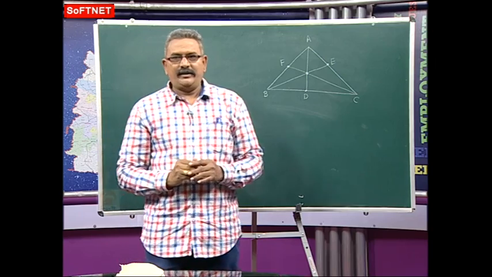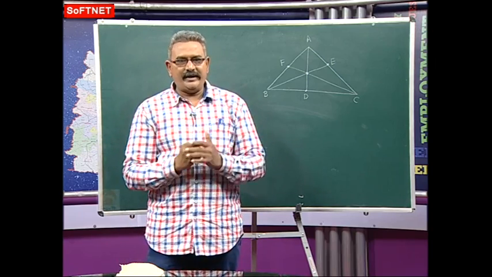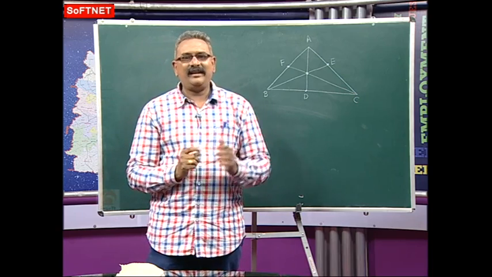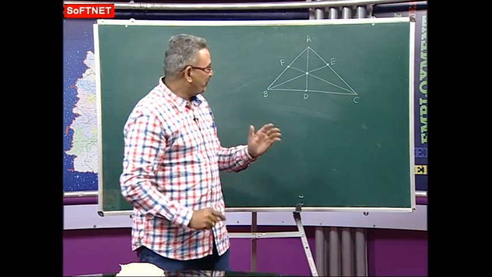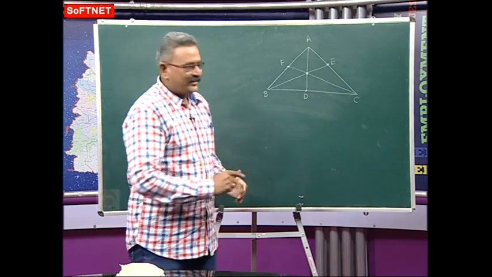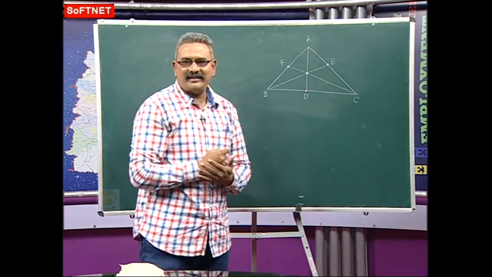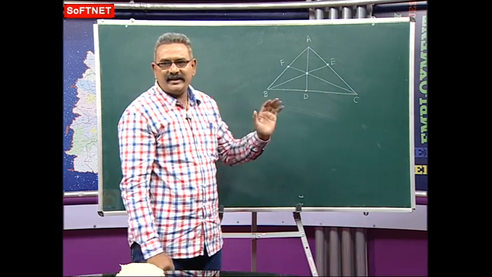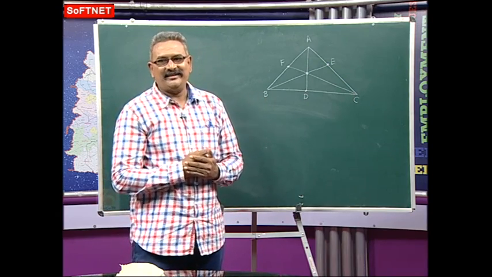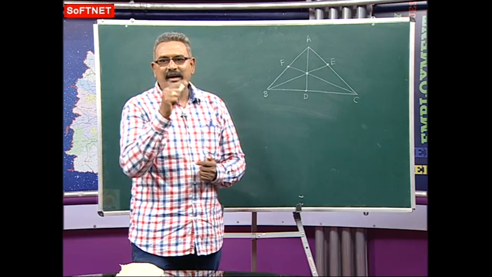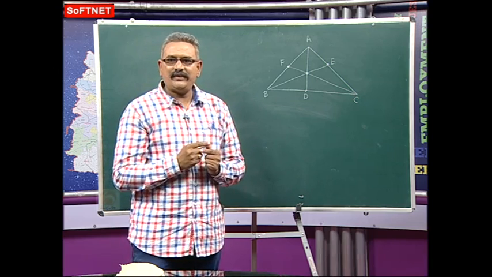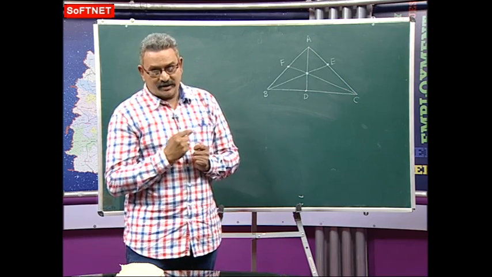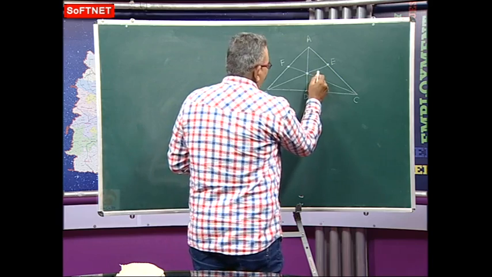If 3 or more lines meet at one point, they are said to be concurrent lines. So it is clear that these 3 medians are concurrent. Am I correct? The point of concurrence of the medians is called centroid. That is denoted by capital G. Sometimes we may call it center of gravity also, or center of mass also. So now this is capital G.